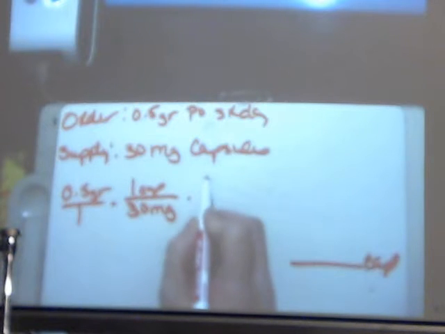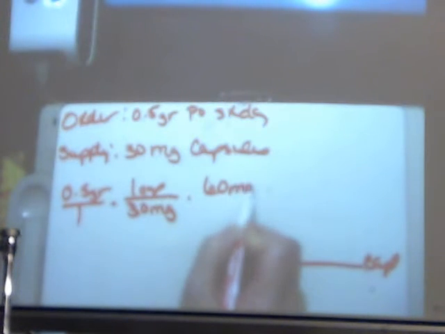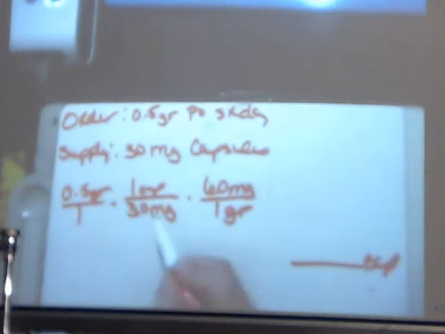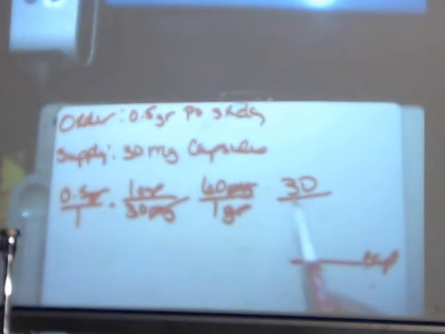Our milligrams are on the bottom, so we need to put milligrams on top. 60 milligrams equals 1 grain. So now I got rid of my grains and I got rid of my milligrams, right? Now I'm going to multiply all the way across and I get 30 over 30, because 0.5 times 60 is 30, and 30 times 1 is 30. When I do that, that equals 1. So I'm going to give 1 capsule.